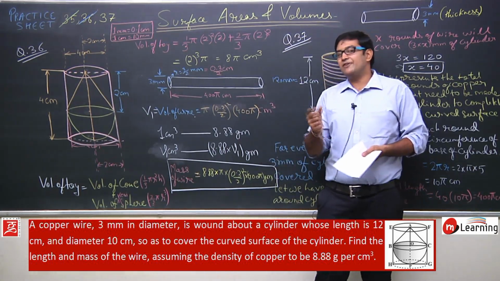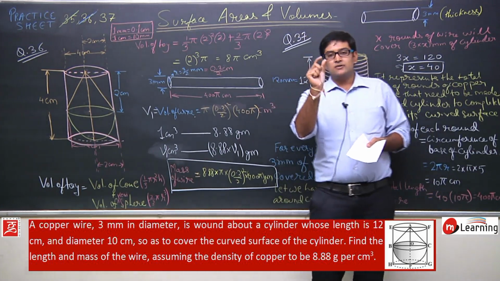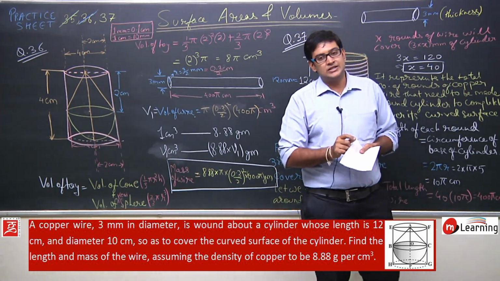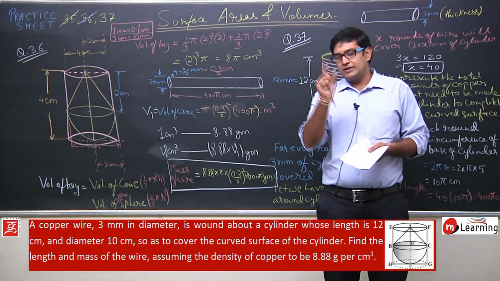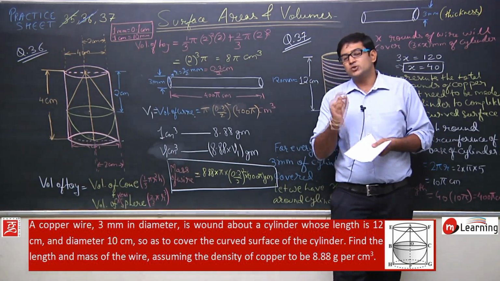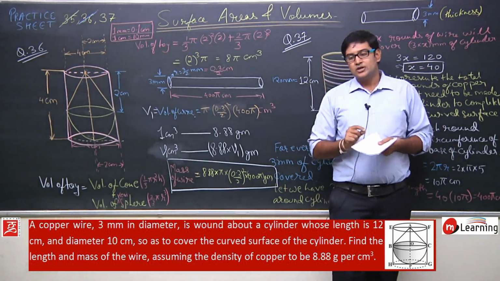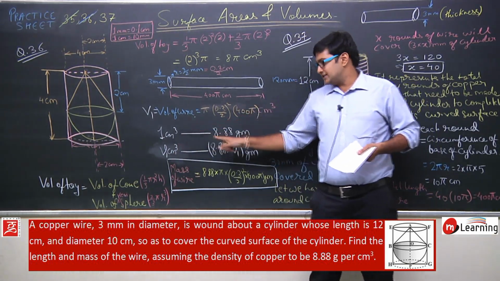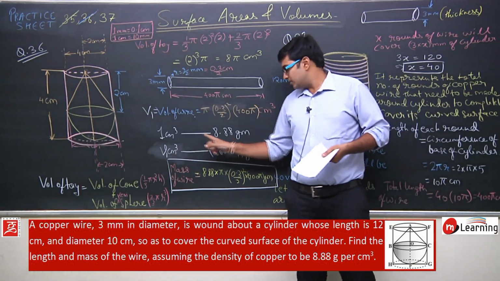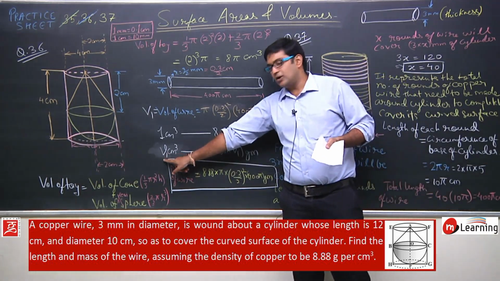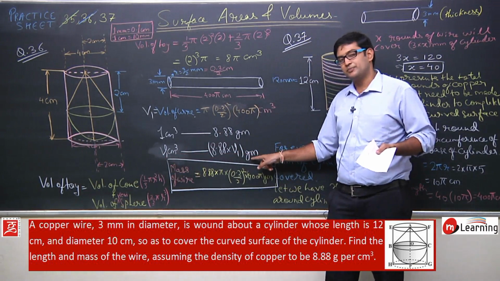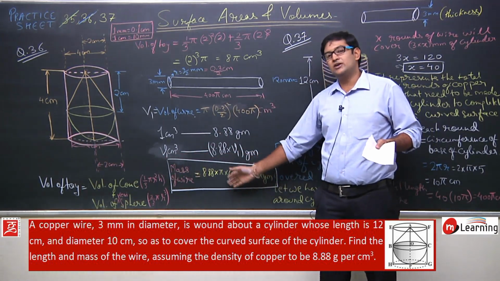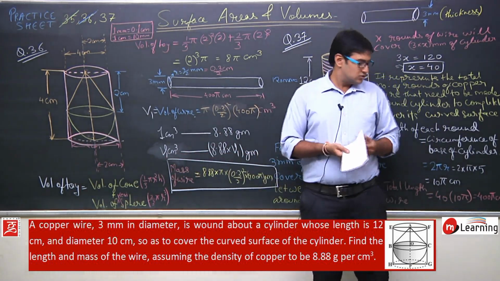So this means that if I take a cube of copper of 1 centimeter in dimension, then its mass will be equal to 8.88 grams. So I have used the unitary method: 1 centimeter cube volume has this much mass, so this much volume will have this much mass, and just solve this value and you will get the final answer. Okay, so we have two answers.